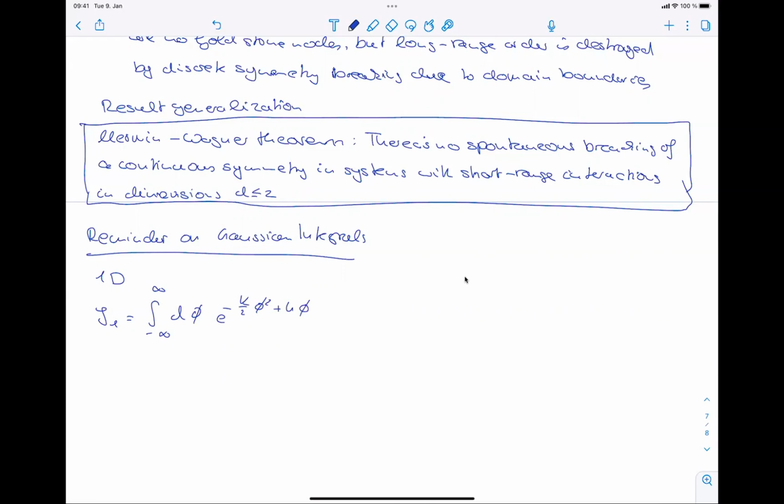The way to solve this integral is to do a variable shift, by introducing a new variable psi, which we define as k over 2 phi, and that allows me to shift this constant term in here to make it quadratic.